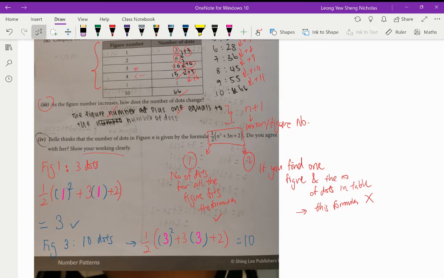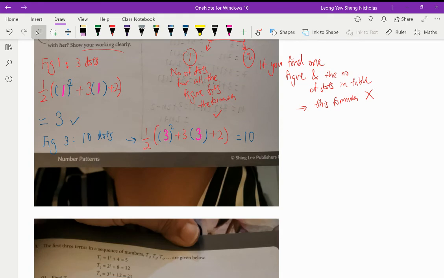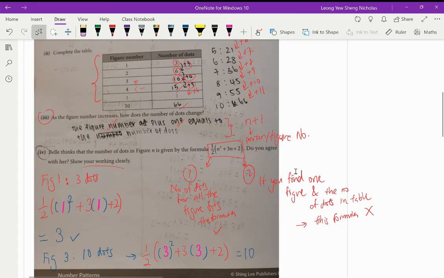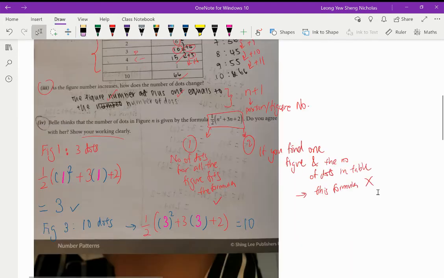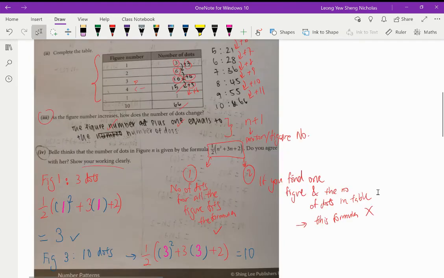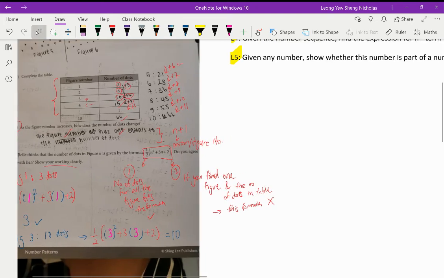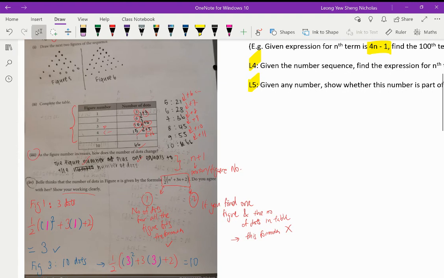So let's look at the last number, figure 10. For figure 10, I have 66 dots.